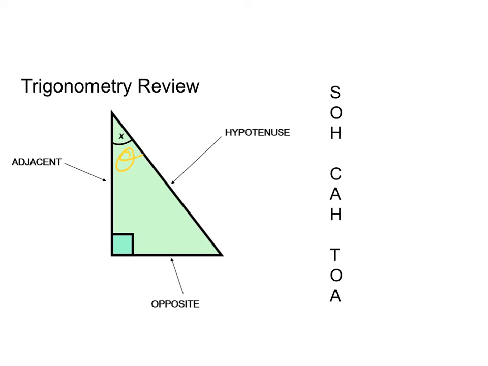So the trick for that is, this S for SOHCAHTOA, that's sine of theta. The C is cosine theta, and the T is tangent of theta. So in all three of these cases, one of my unknowns is theta.